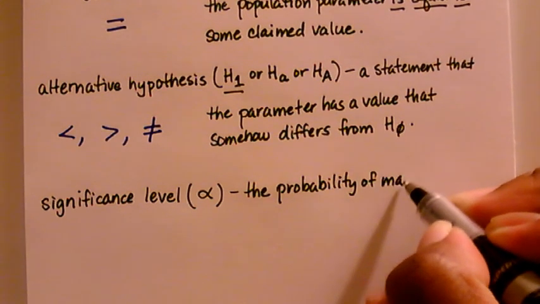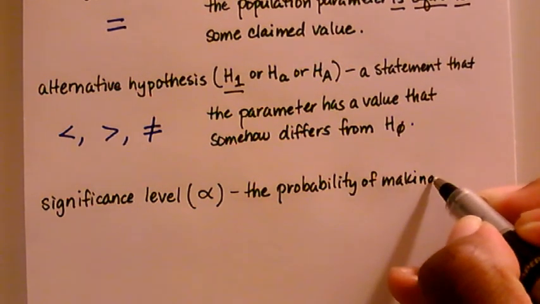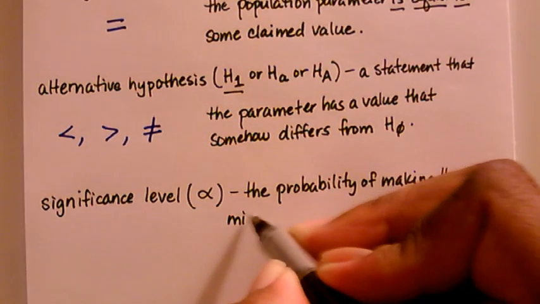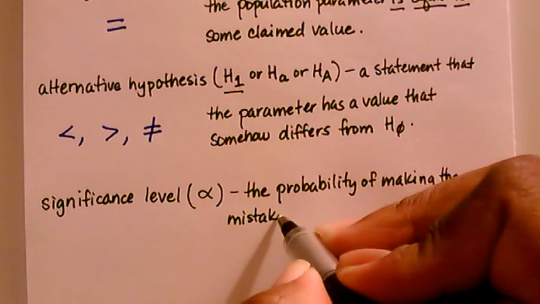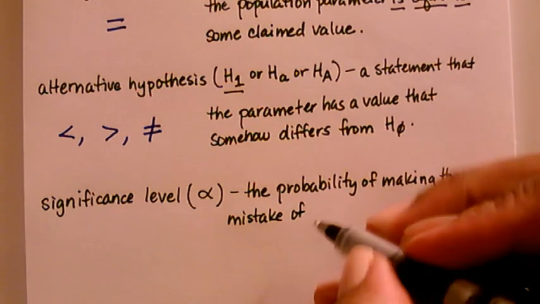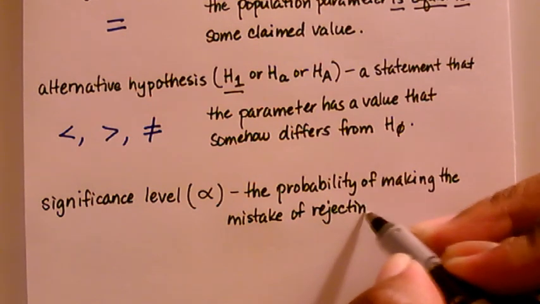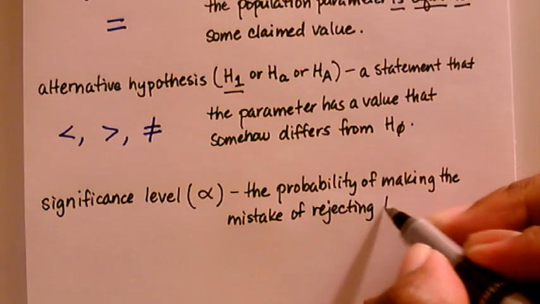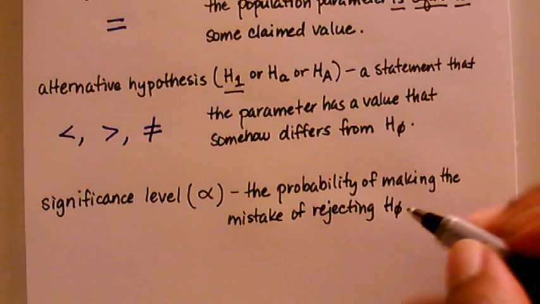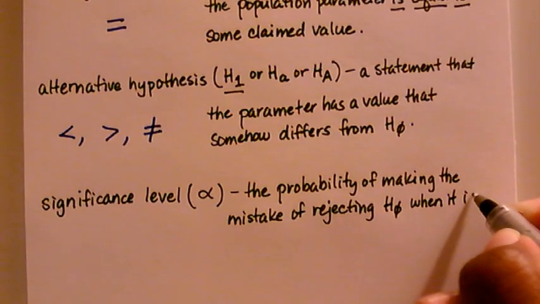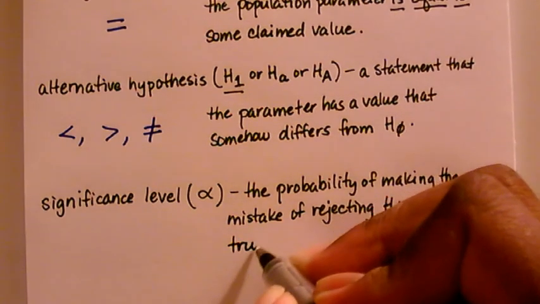of making the mistake of rejecting the null hypothesis, which is H sub 0, when it is true.